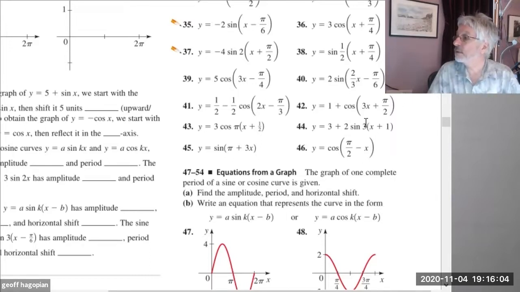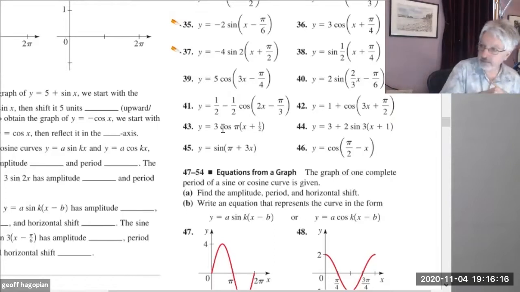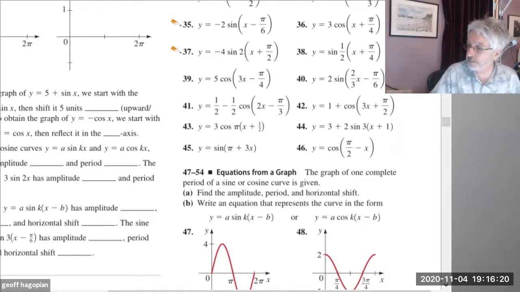So 42, let's do 44. Well, let's do 43 and then 44. Okay, why not, right? So I'm just going to copy over to my paper.